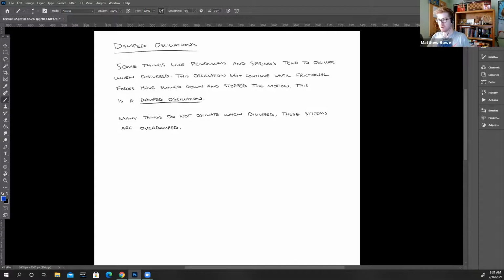These things that don't oscillate are overdamped. They still contain the potential to oscillate. They're just at this moment being forced to not oscillate. That's kind of my point with this.